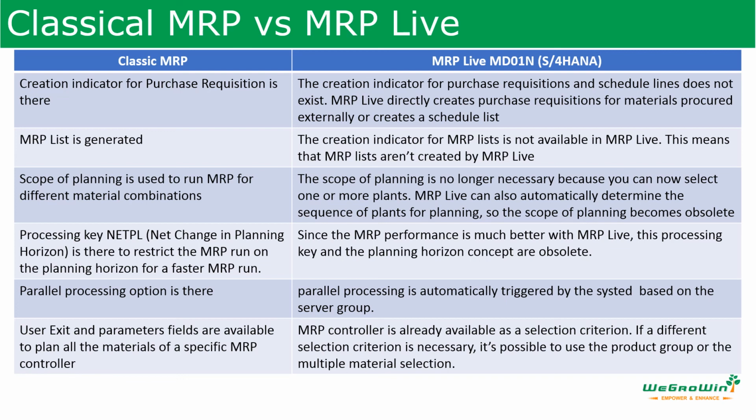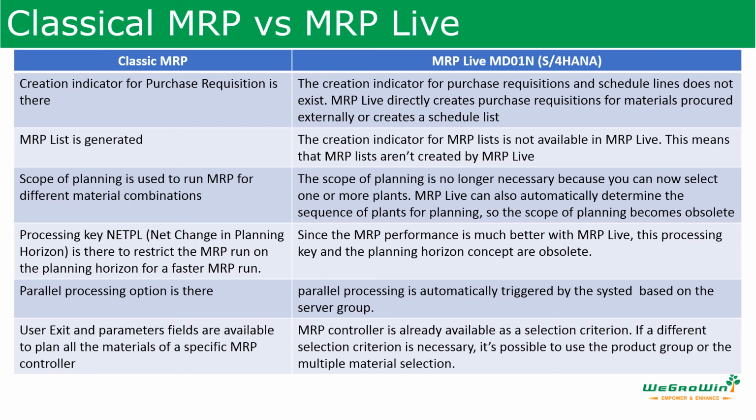Similarly, the processing key net change in planning horizon was there to restrict the MRP run in classic MRP. Now in MRP Live, since MRP performance is much better, these processing key and planning horizon concepts are removed. Similarly, to increase the efficiency and speed of MRP, in classic MRP a parallel processing option was there.